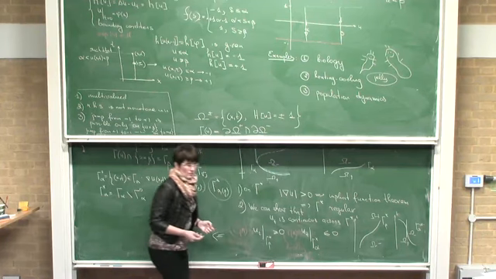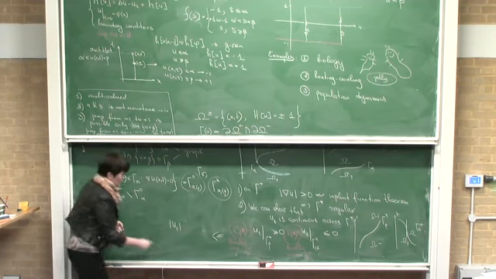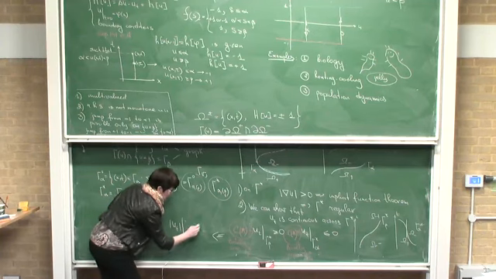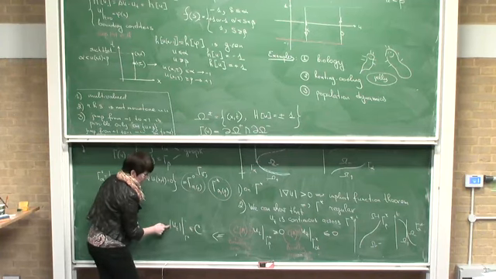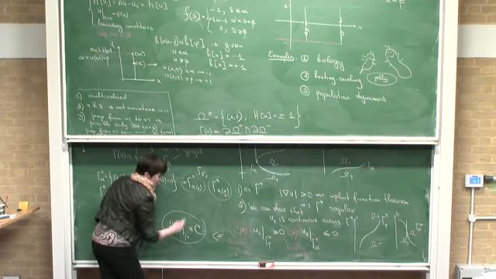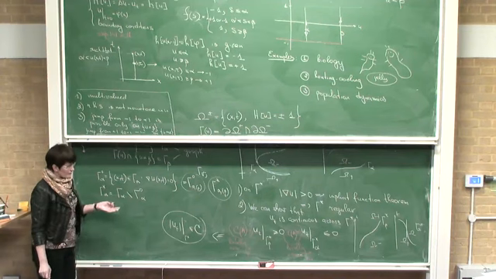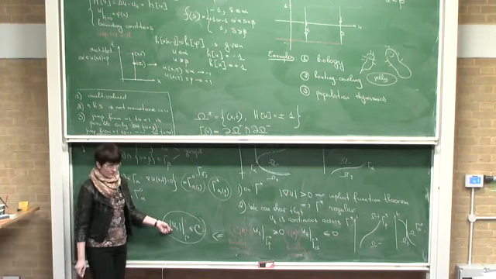No intersection at all. So we just get an estimate for ut on gamma star. So we can estimate the time derivative there. Okay.